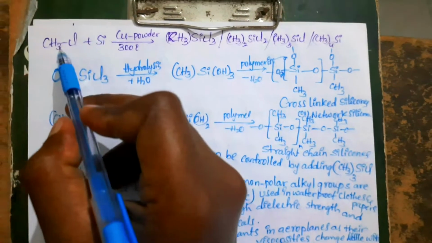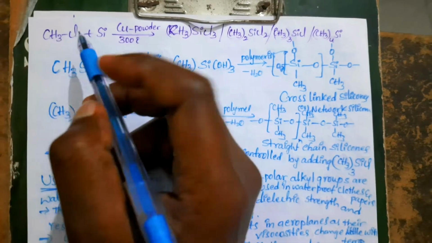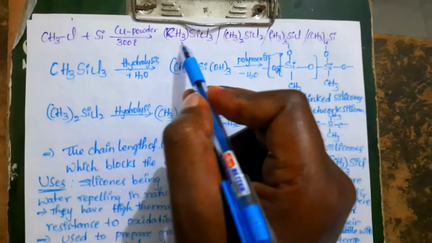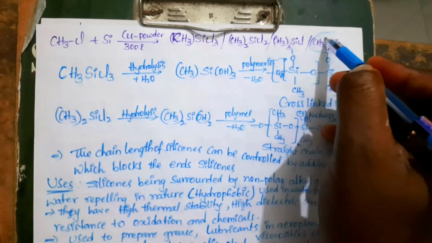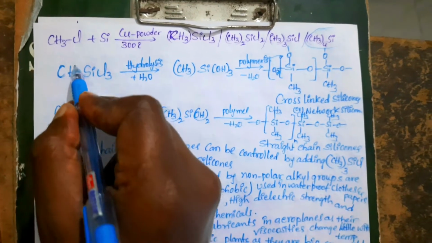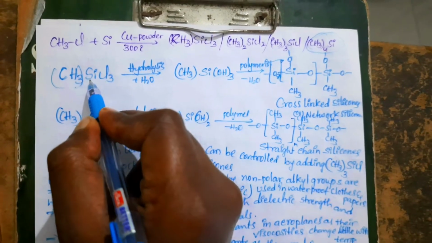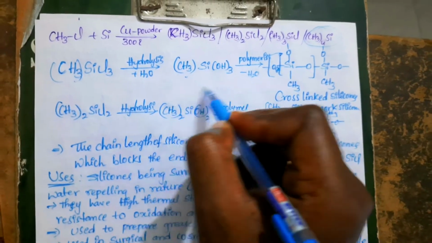In silanes, R may be a methyl, alkyl or aryl group. If it is a methyl group, these 4 are possible, but tetramethylsilane is formed in a very small percentage. If you take alkyl trichlorosilane, on hydrolysis we get trihydroxysilane.